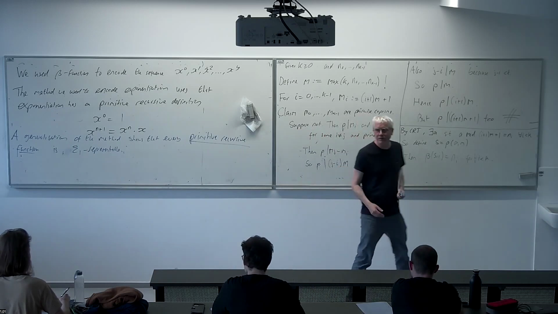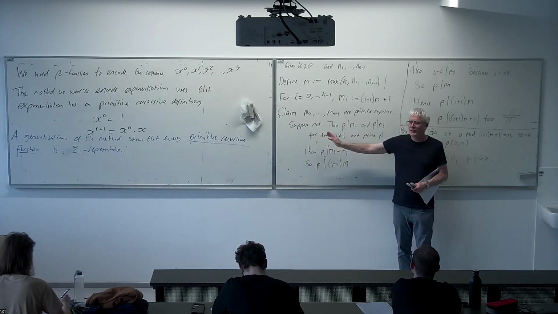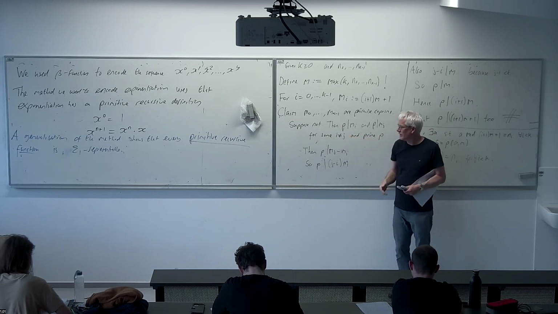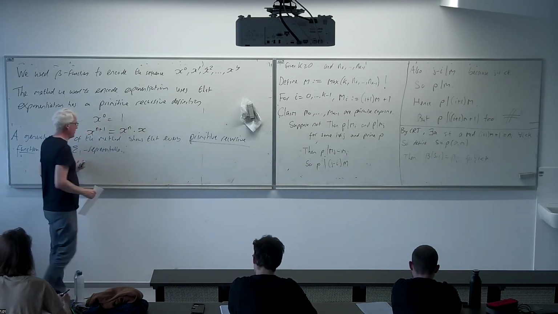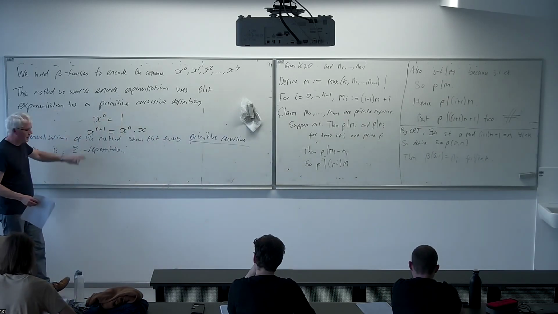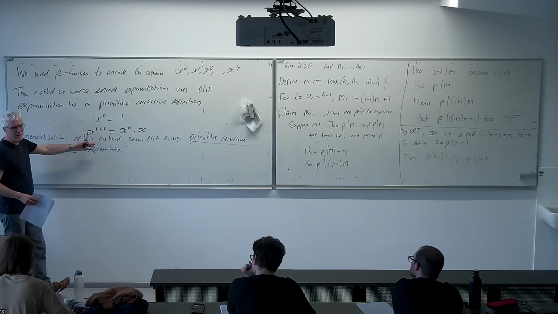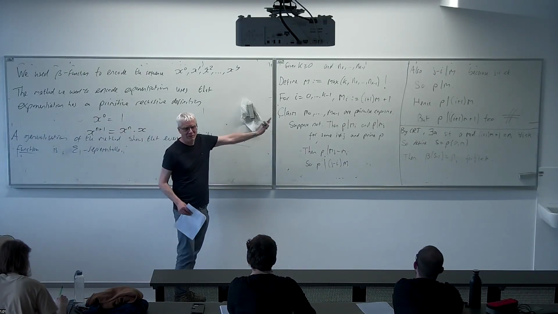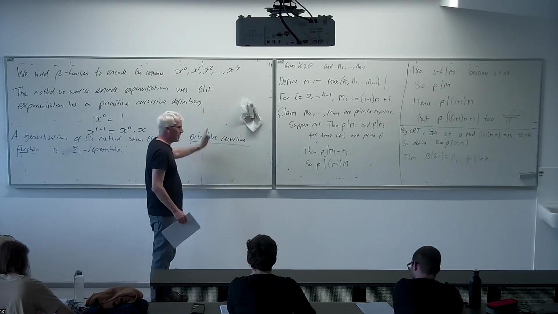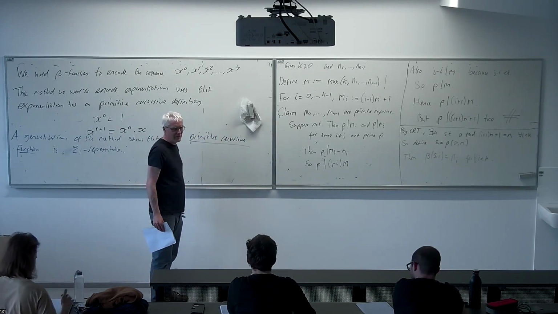To do this more general result, we will actually see what it means to be a primitive recursive function. But for those of you who did computability theory, you already know that. In any case, we're going to need the primitive recursive functions. In the old days, I used to prove this more general result. But basically, the interesting ideas are all in the proof of the result we've had, and the method is just the natural generalization.